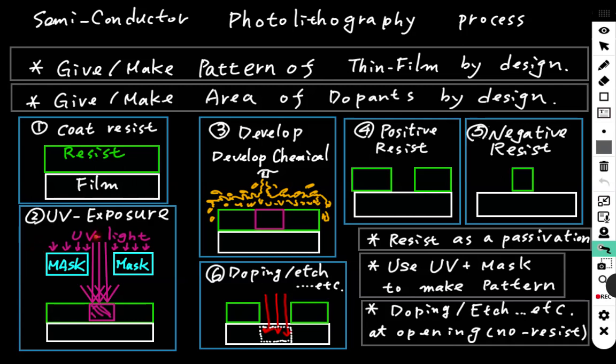We use the mask. This mask resists the light. There is an opening, let the UV light come in and expose this part of the resist.